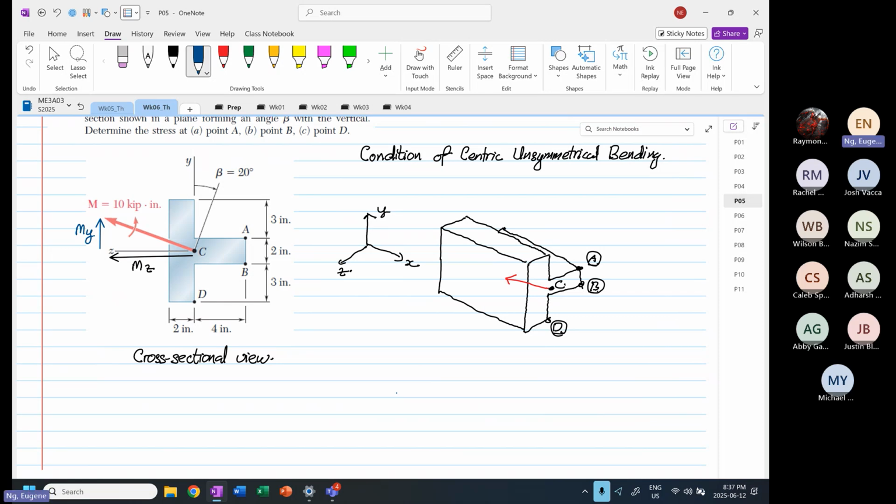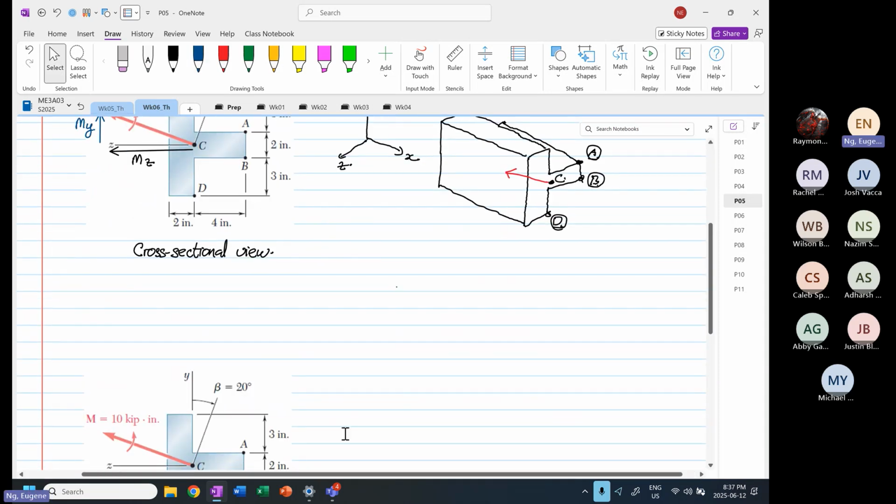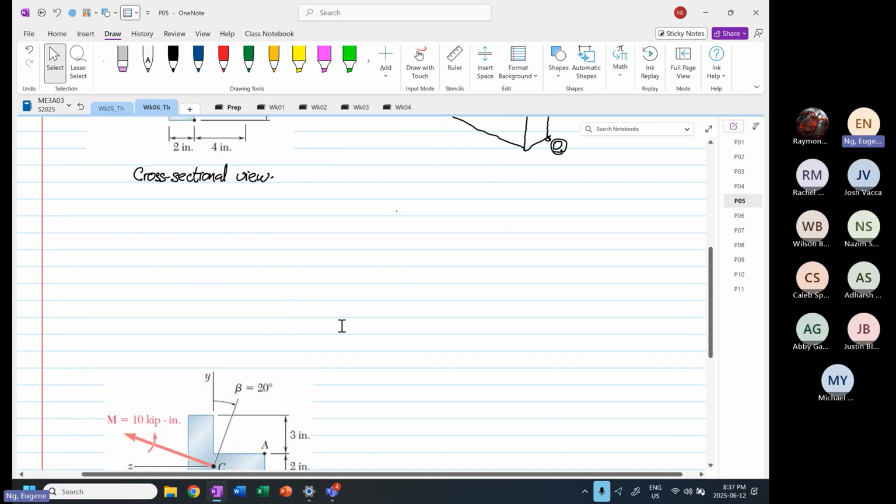We are going to apply our right hand rule.